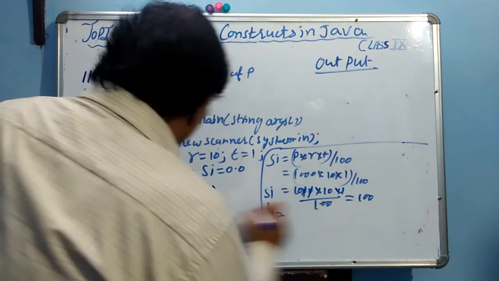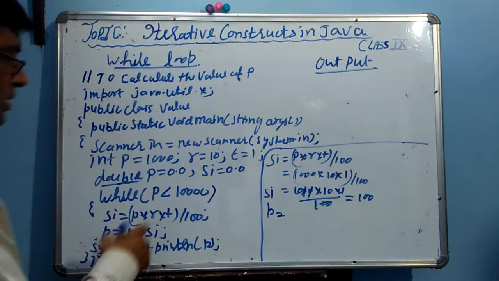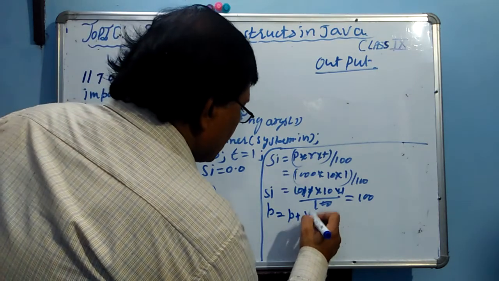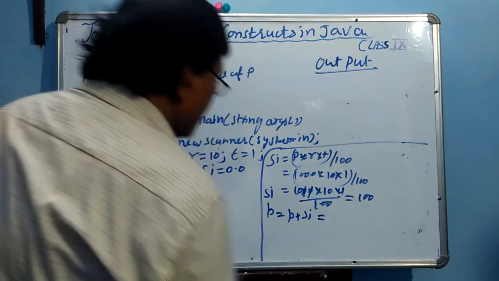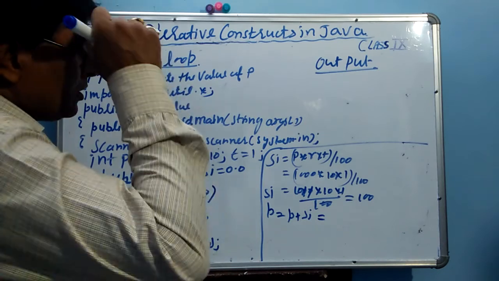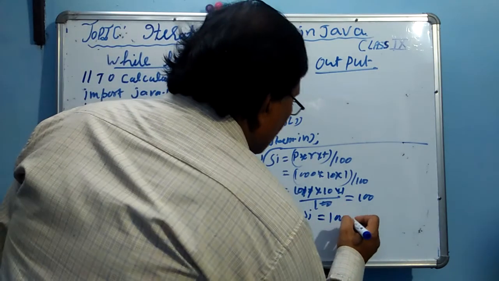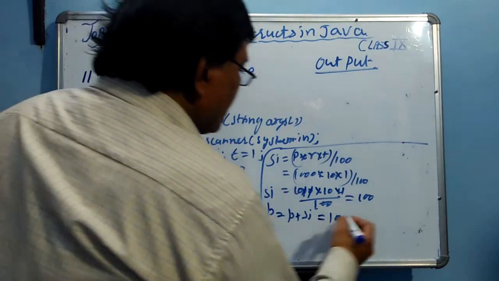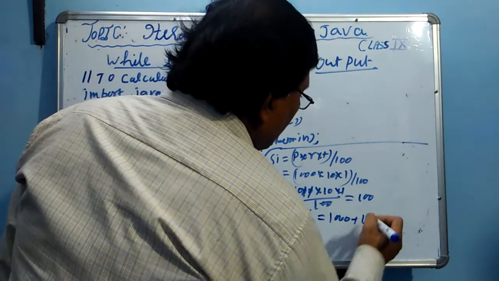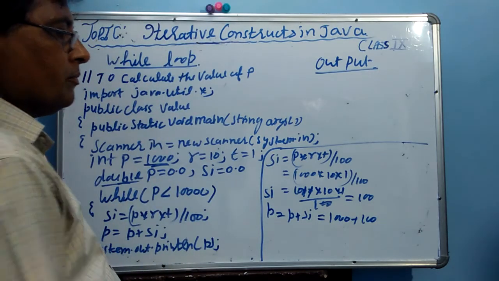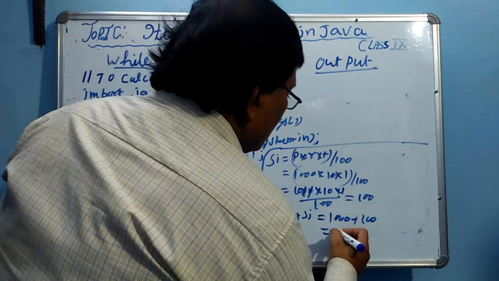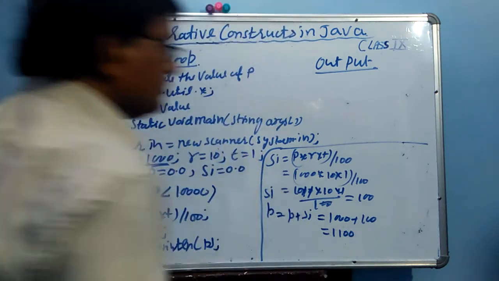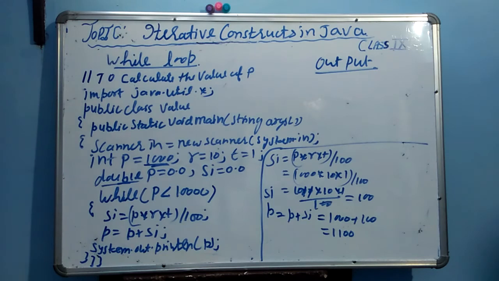Now the second formula will work: P is equal to P plus SI. The value of P is 1000, already mentioned here, then SI is 100. So now it is 1100.